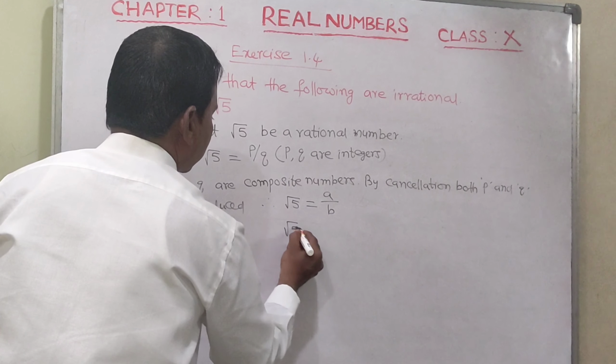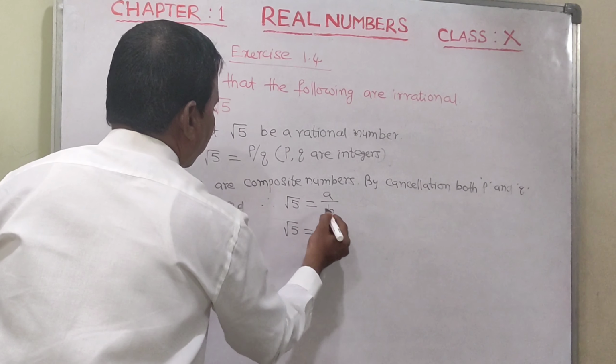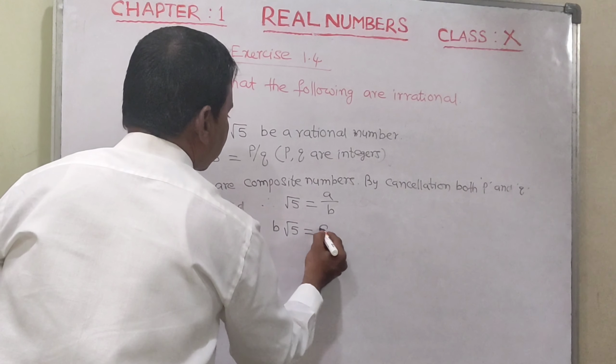If you do cross multiplication, b root 5 is equal to a.